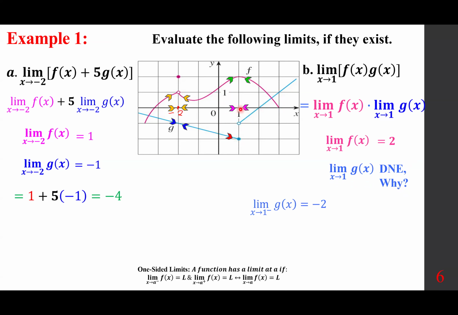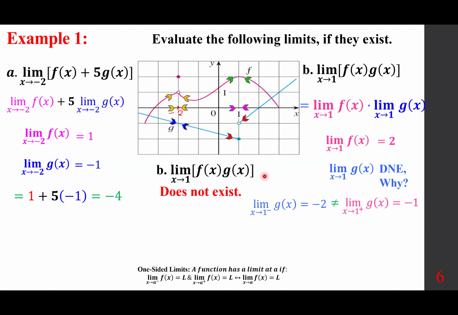As we approach 1 from the right, we are in this branch moving us towards this point, which has a y-coordinate negative 1. Since the two are different, the limit of g of x as x approaches 1 does not exist. Therefore, this doesn't exist. The limit of the product doesn't exist. The limit of the sum doesn't exist. None of the above. We are just interested in the product anyways.